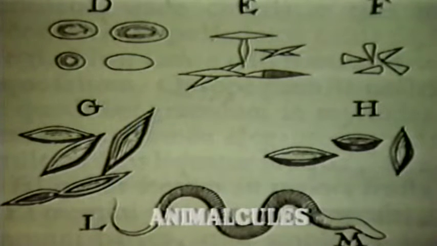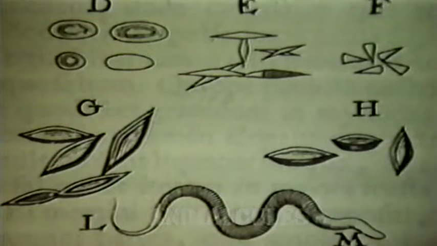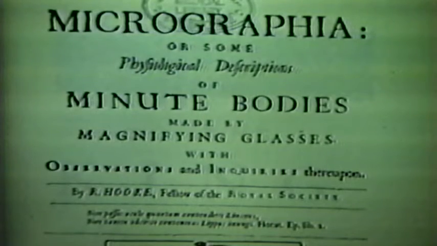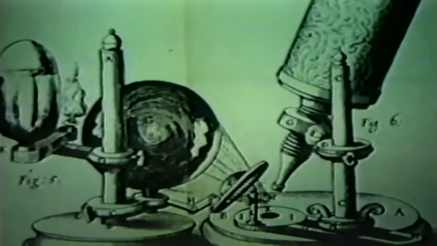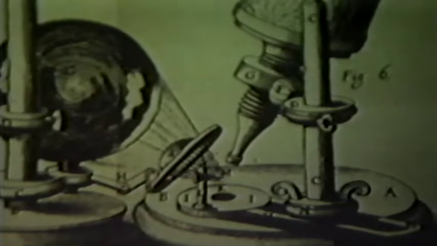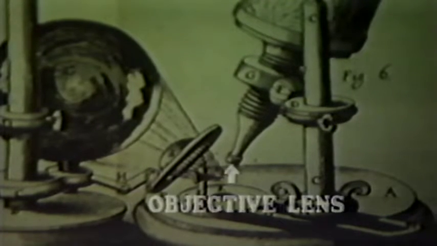At about the same time that van Leeuwenhoek was experimenting with the simple microscope, an Englishman named Robert Hooke was developing a microscope with two sets of lenses called the compound microscope. The first lens, which produces a magnified image of the object, is called an objective lens.